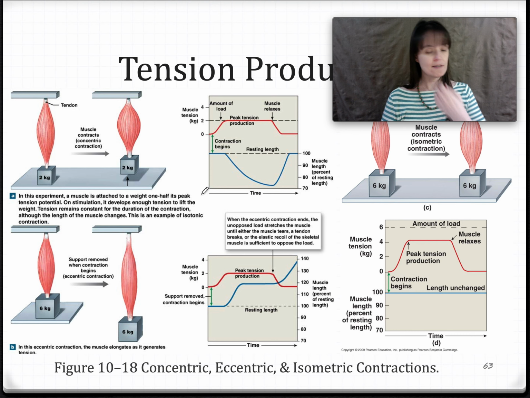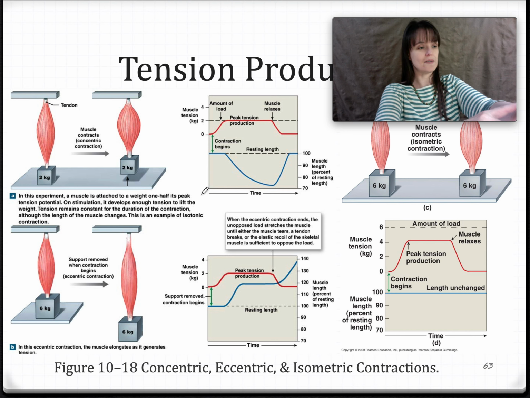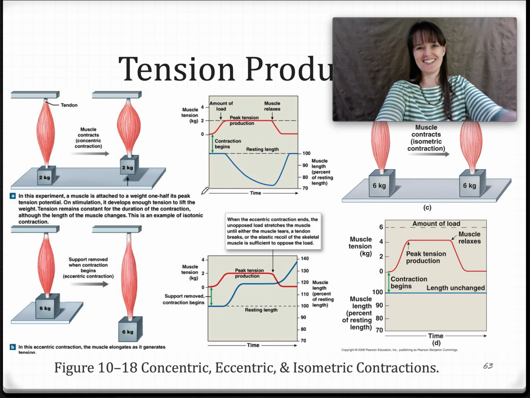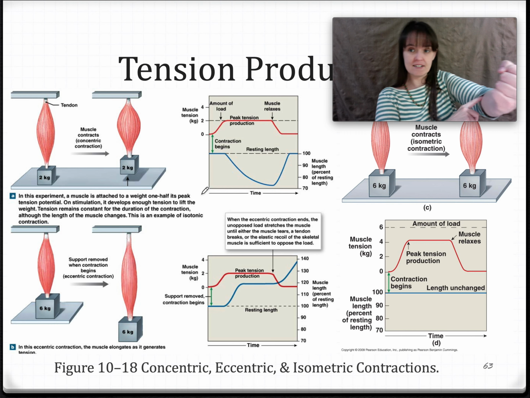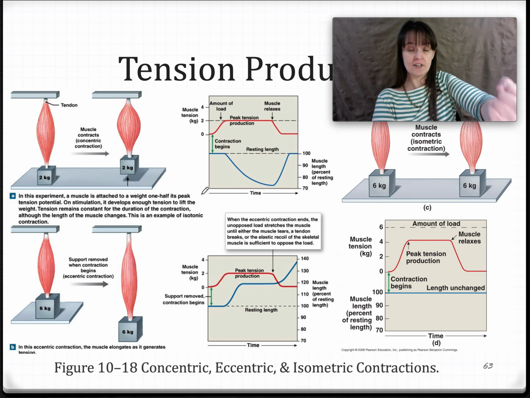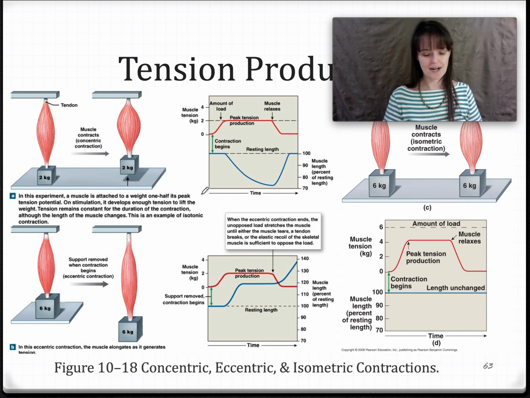This would be like if you're carrying groceries, if you're the kind to put the whole thing of groceries on your arm and carry them all in one load. You're holding them and you're tensing, and you're not lifting the groceries, you're carrying them. So that's an isometric contraction.